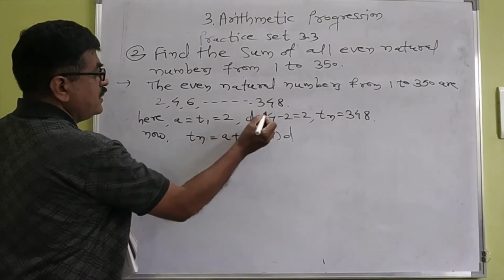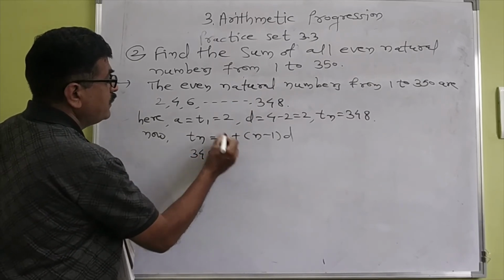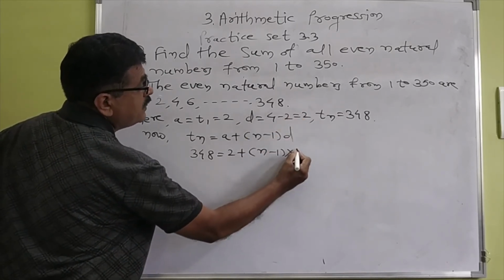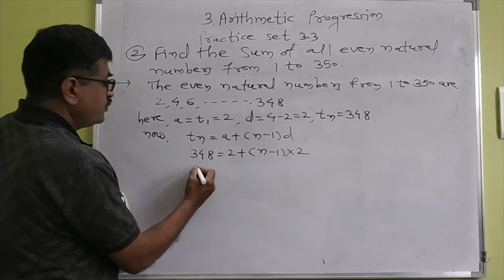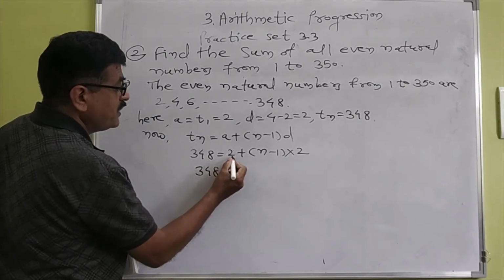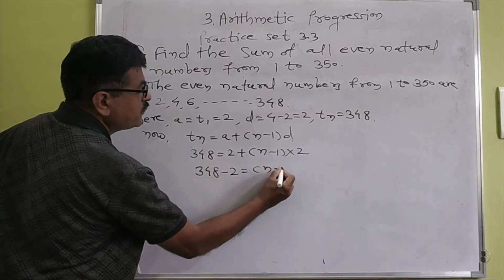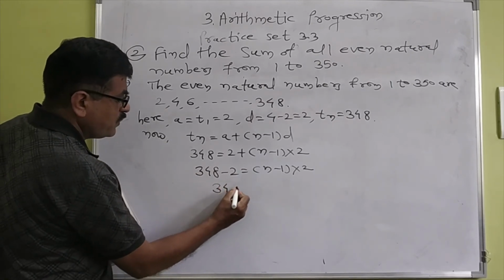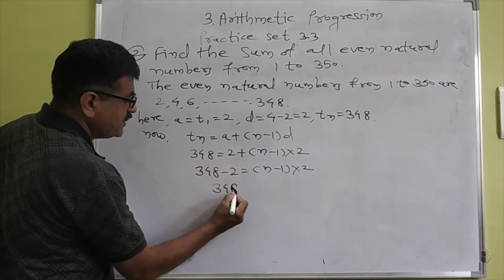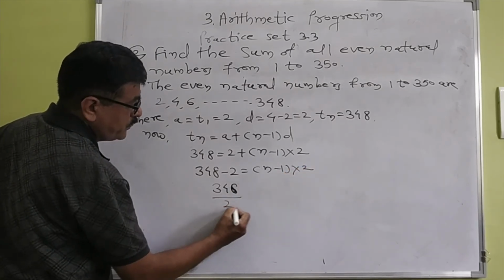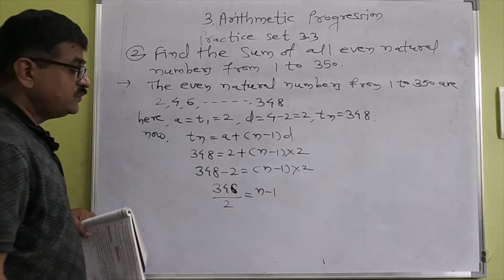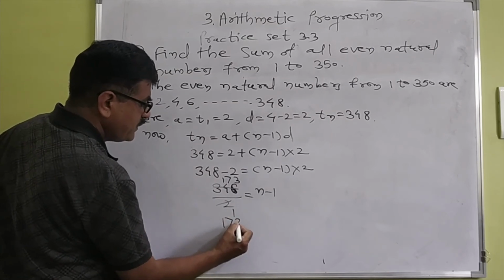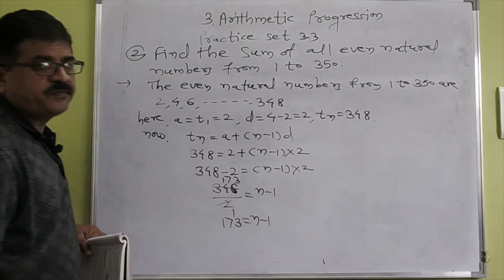Now put the values. 348 is equal to 2 plus (n minus 1) into 2. 348 minus 2, that is 346, is equal to (n minus 1) into 2. 346 divided by 2 is 173, so 173 is equal to n minus 1.